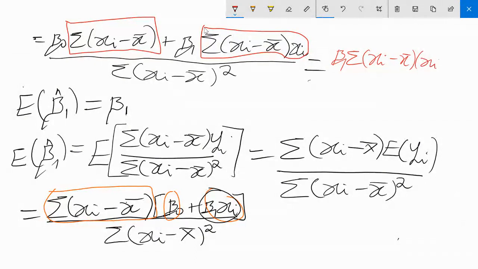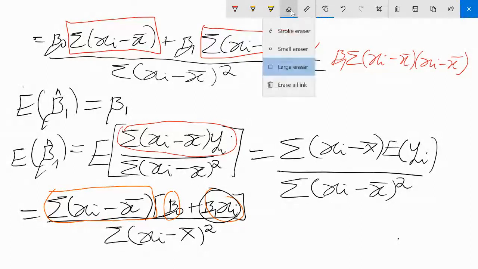This is the same as xi minus x bar times xi minus x bar, so we can get rid of this x bar. It's what we did when we started, to simplify the expression that gave us this. So we can do that to this one.